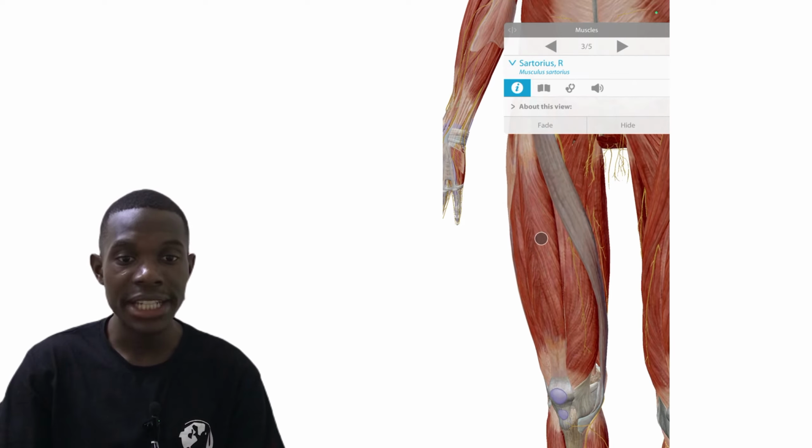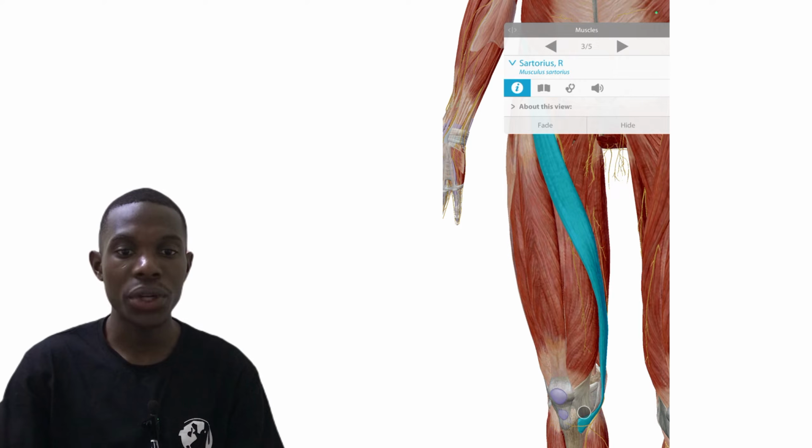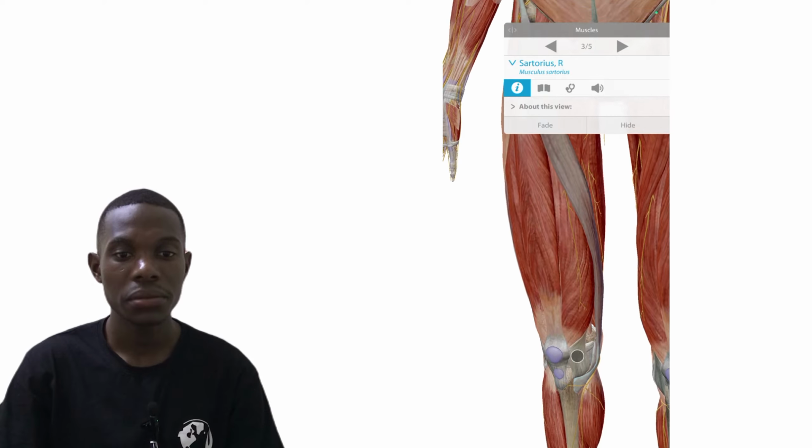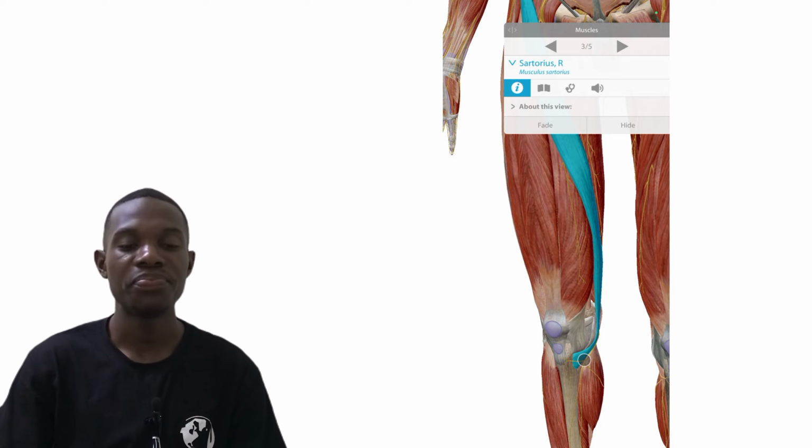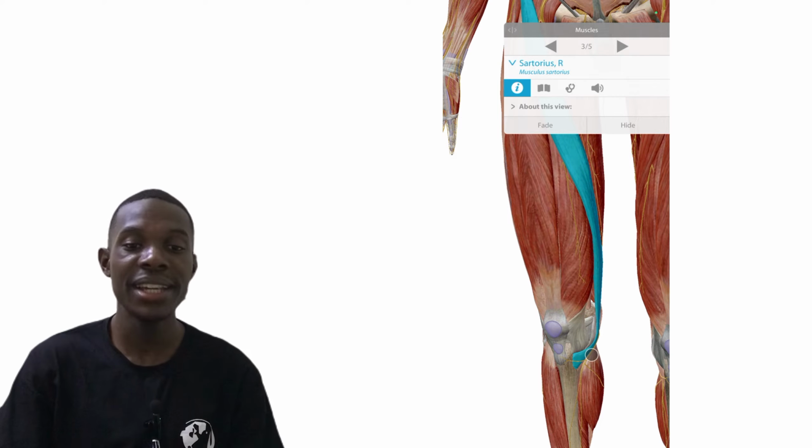And then it will attach to the proximal medial portion of the tibia, as you can see here. Where it attaches, it will be accompanied by the gracilis as well as the semitendinosus muscle. Moving from anterior to posterior, we have the sartorius, the gracilis, and the semitendinosus. The three of them form the pes anserinus, right?